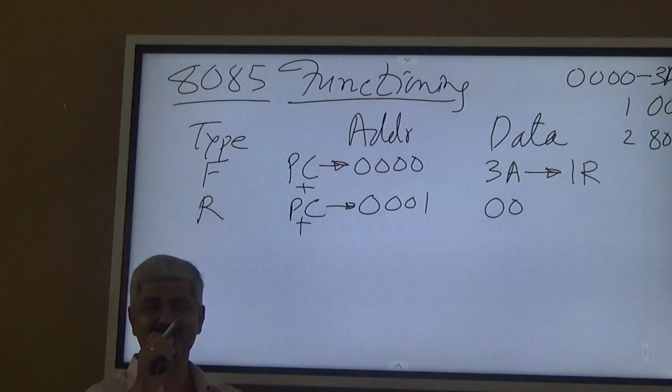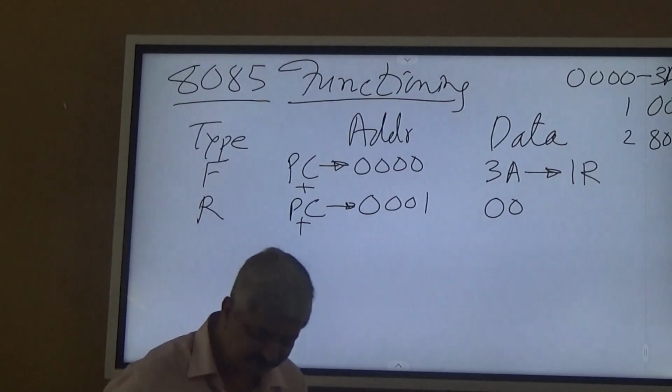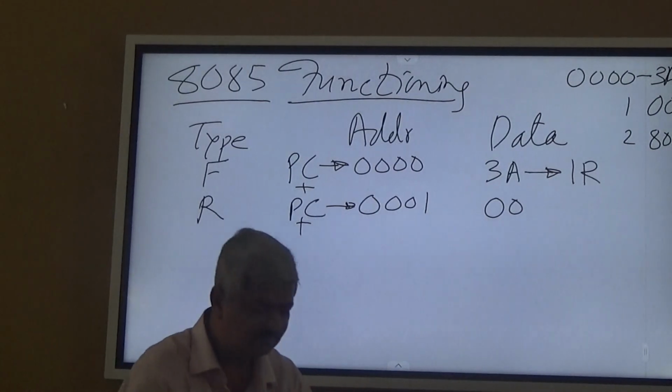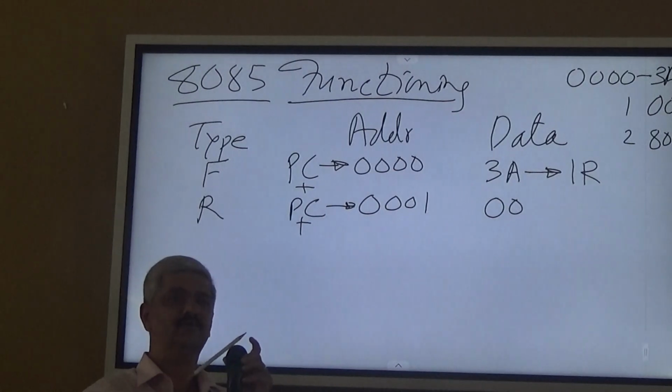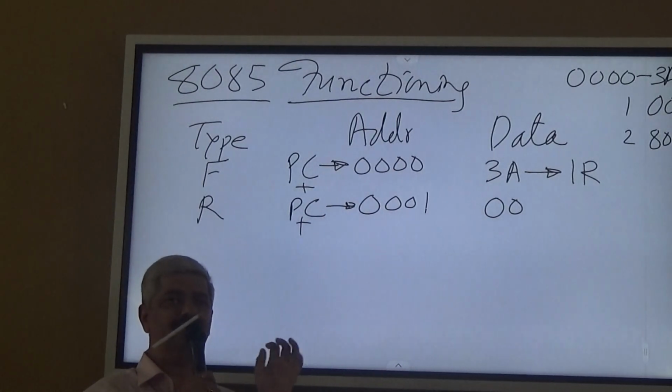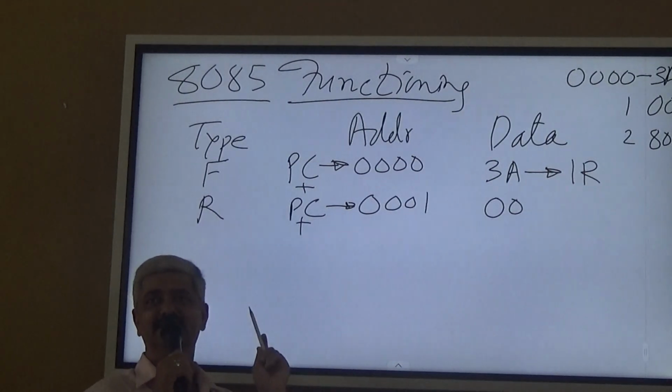So C is the lower byte, why not in C? Why is this lower byte not to be stored in C?